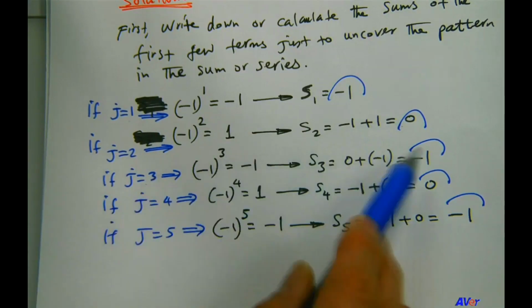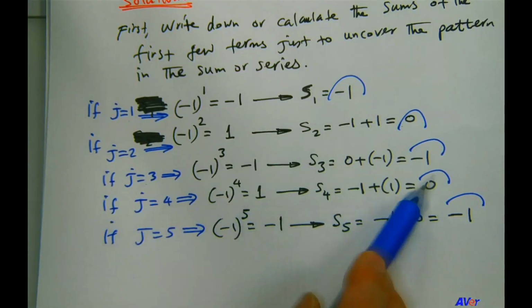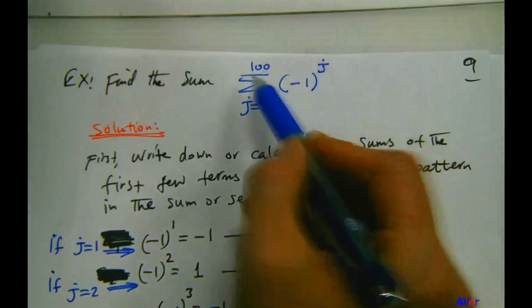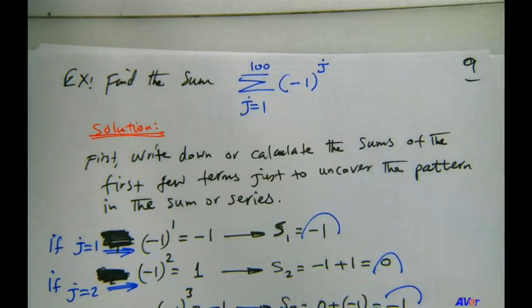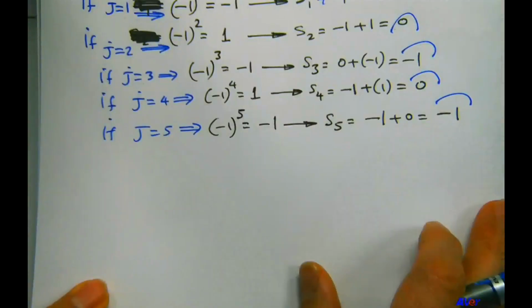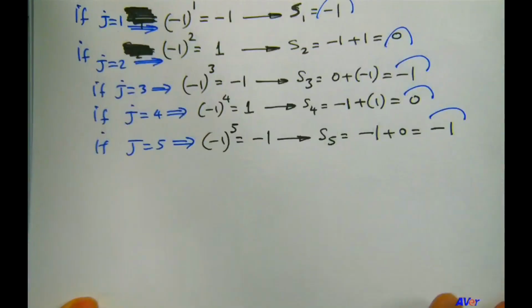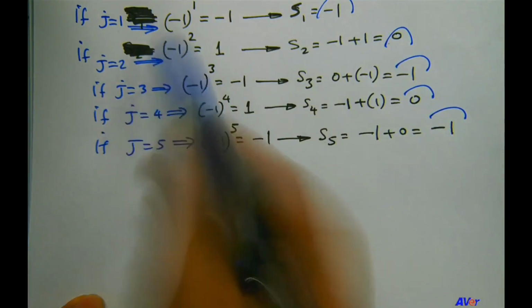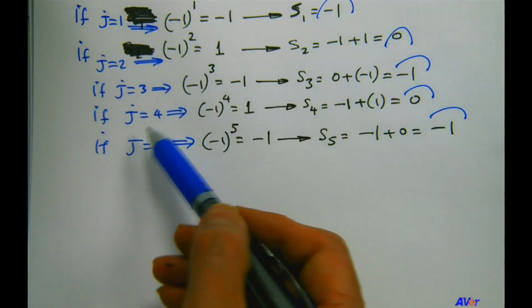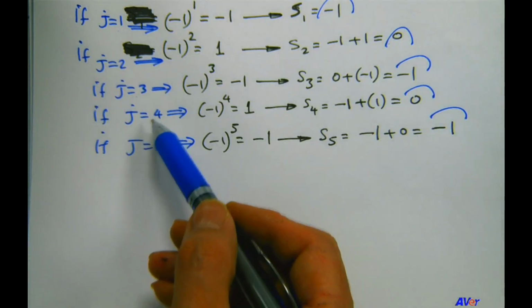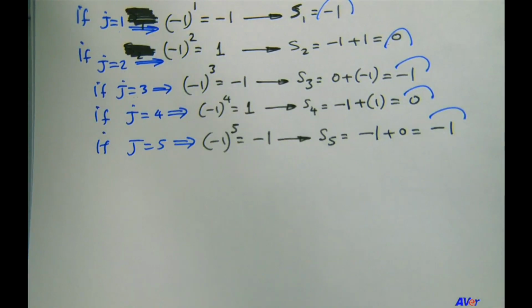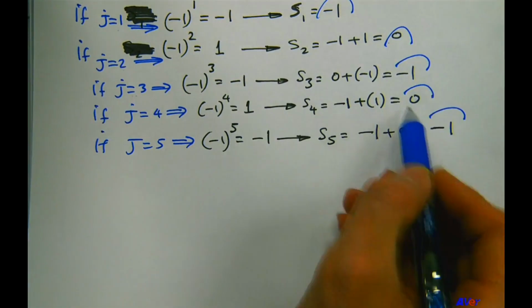Odd, negative 1. Even, 0. Odd, negative 1. Do you see? There's definitely a pattern. So if you're adding 100 digits, which is an even number, what do you expect to see based on this analysis? 0, right? Because 100 is an even number, and we've just uncovered the pattern in this partial sum.